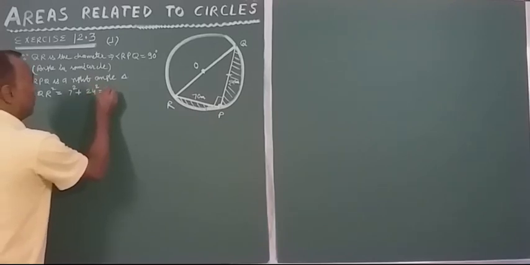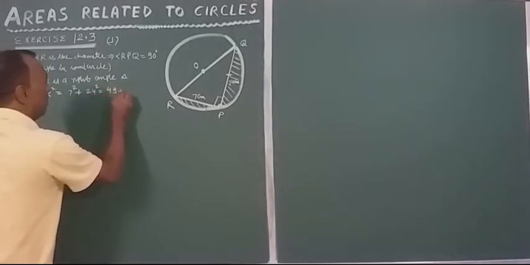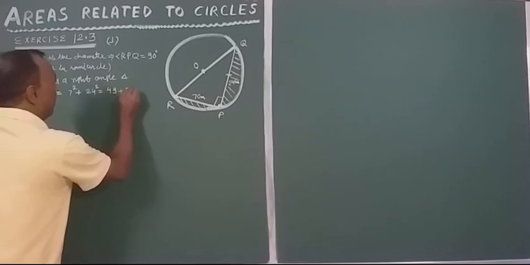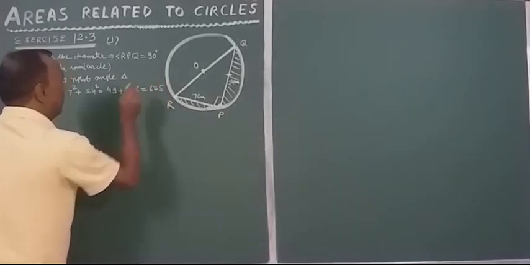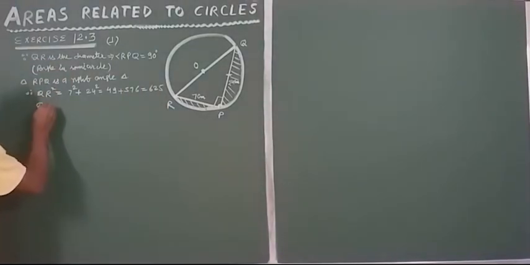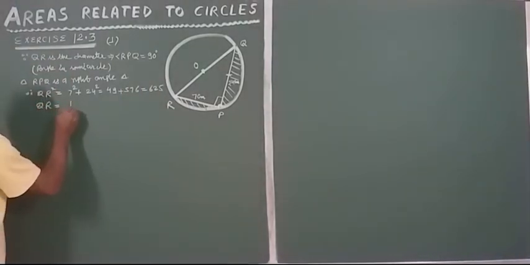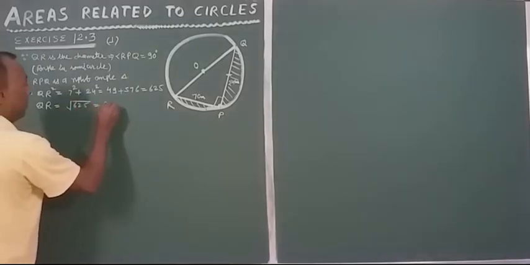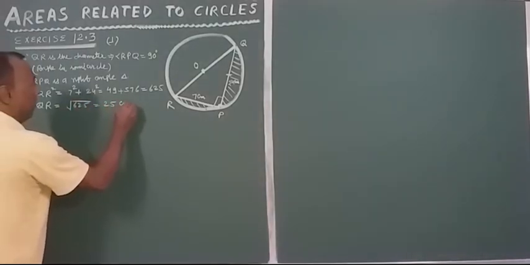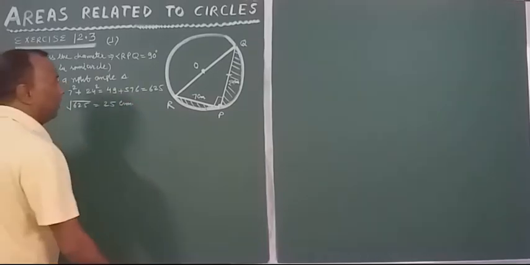That will be 7 7 49 plus 576, that is 625. Therefore, QR will be square root of 625, which means 25 centimeter.